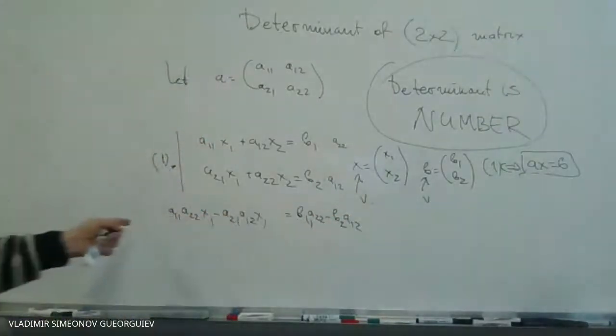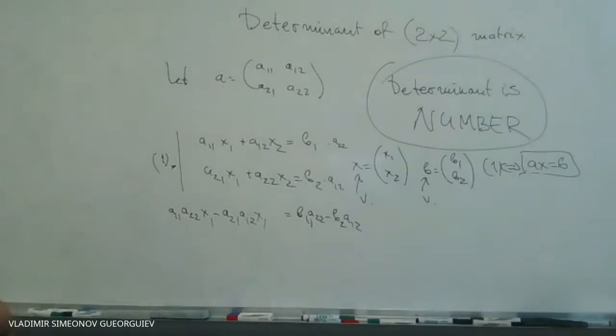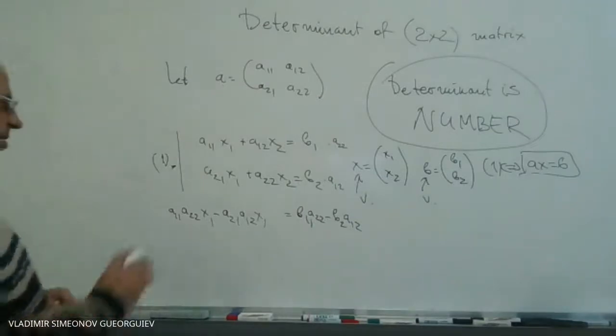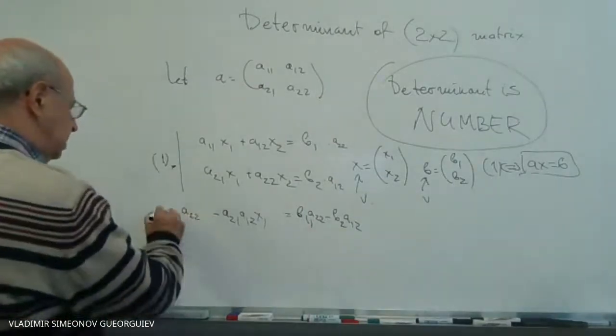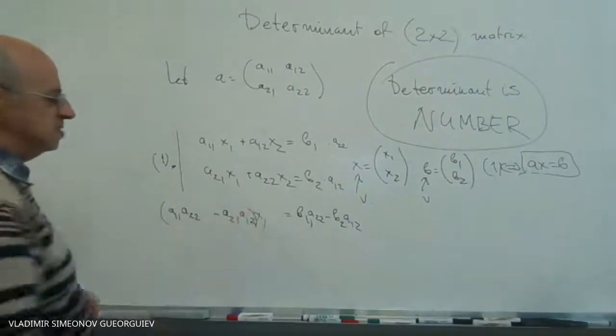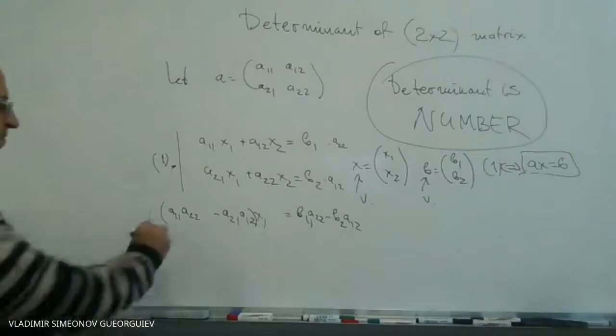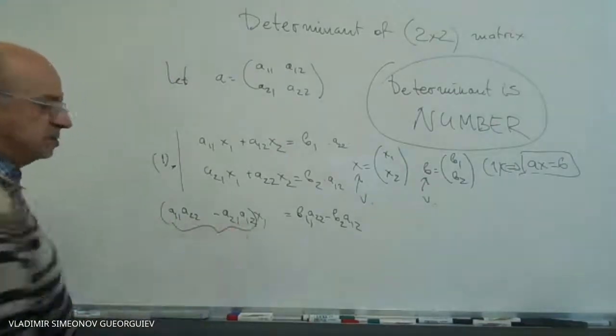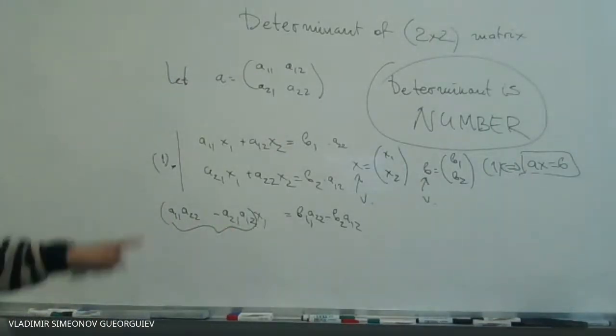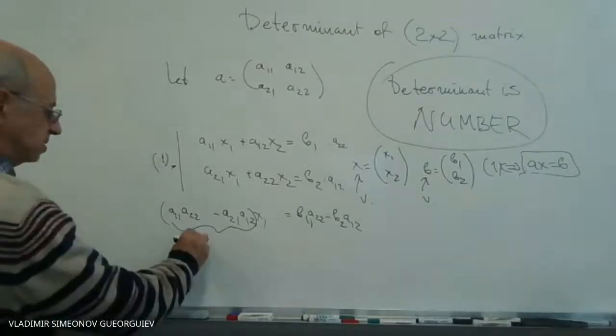And as you can see, in the left-hand side, take x1 in evidence, and here we have this expression. In front of x1, we have this expression, a real number, the determinant of A.